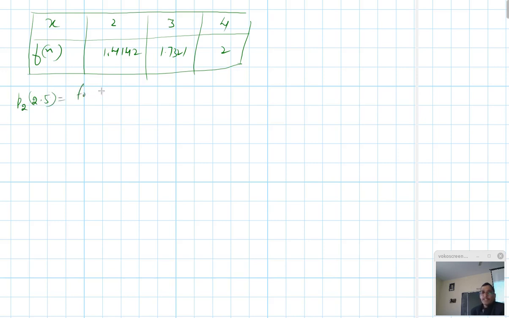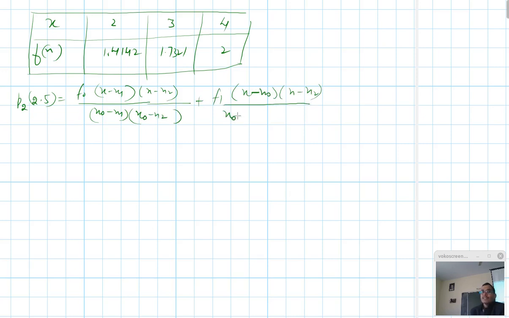It is f of naught, x minus x1, x minus x2 upon x naught minus x1, x naught minus x2, plus f of 1, x minus x naught, x minus x2 over x1 minus x naught, x1 minus x2, plus f of 2, x minus x naught and x minus x1, over x2 minus x naught and x2 minus x1.